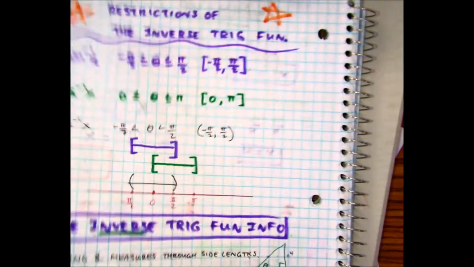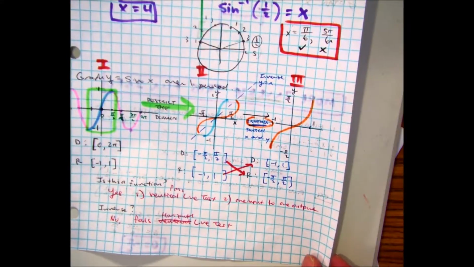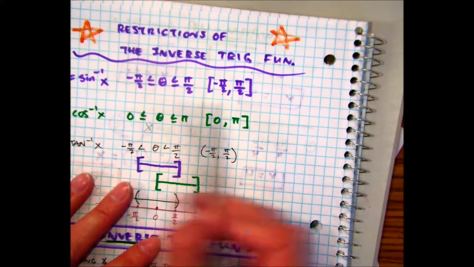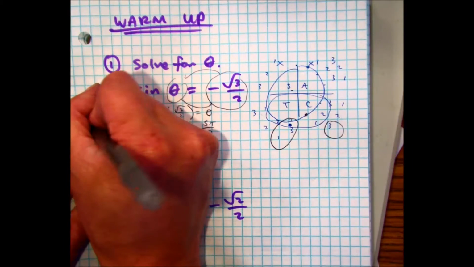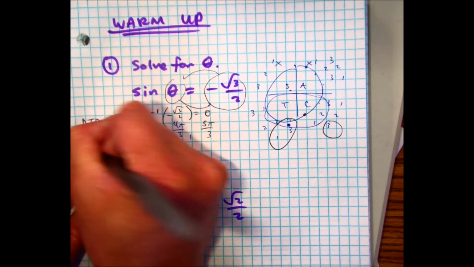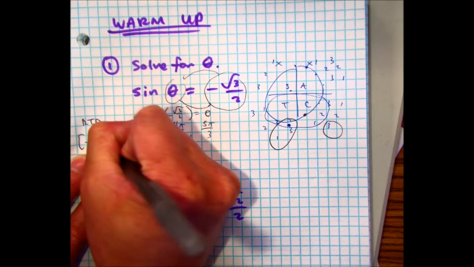But yesterday we learned that this chart basically comes from my graph. And I need to locate for the inverse of sine, it has to be between negative pi over 2 and pi over 2. Restricted the domain, negative pi over 2 to pi over 2.